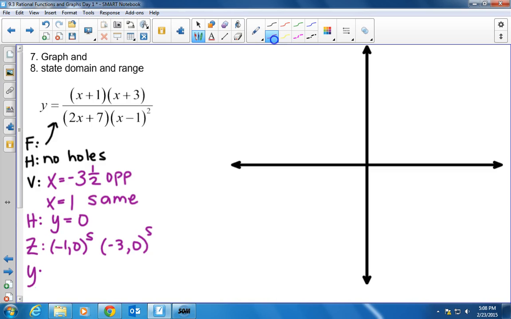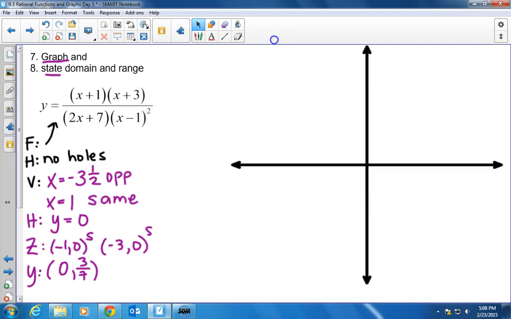Then we have our y-intercept. So important to check your calculation. And the y-intercept was 0, 3/7. And then after that, we're going to graph it, and then we're going to state our domain and range in interval notation.